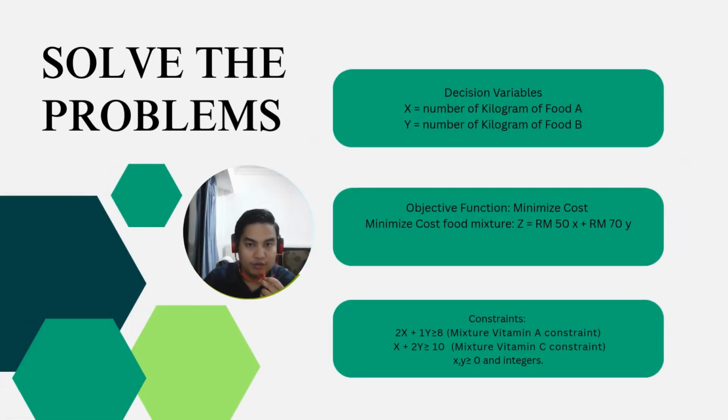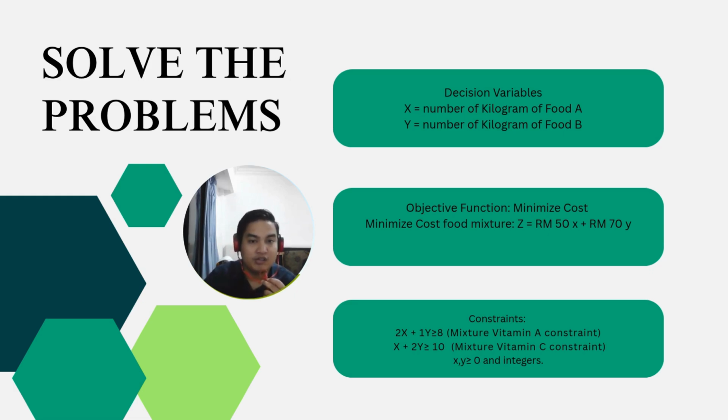Okay, to solve the problem, starting with the decision variables. We let X be the number of kilograms of food A, while Y is the number of kilograms of food B. The objective function is to minimize the cost of the food mixture, which is Z equals RM50X plus RM70Y.